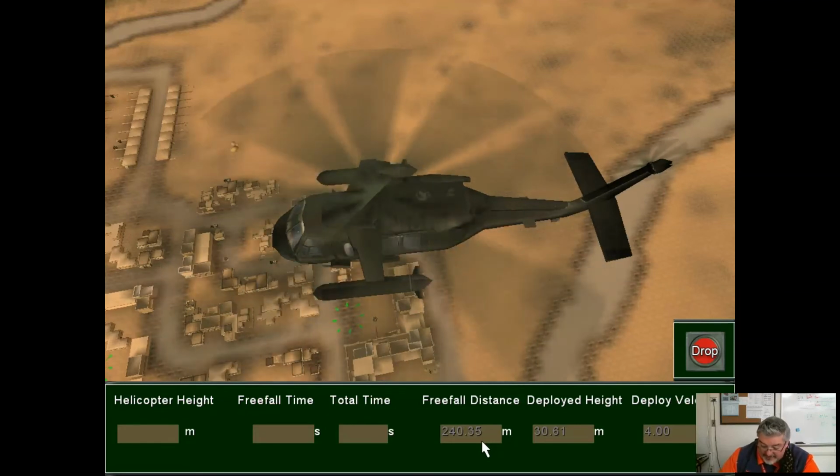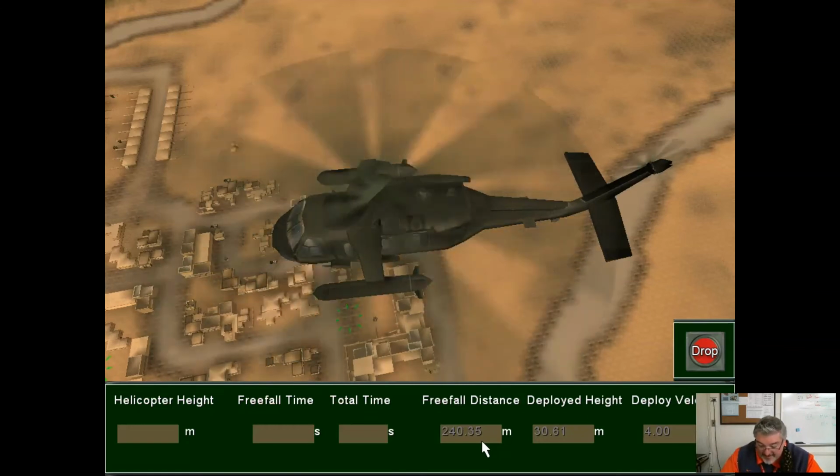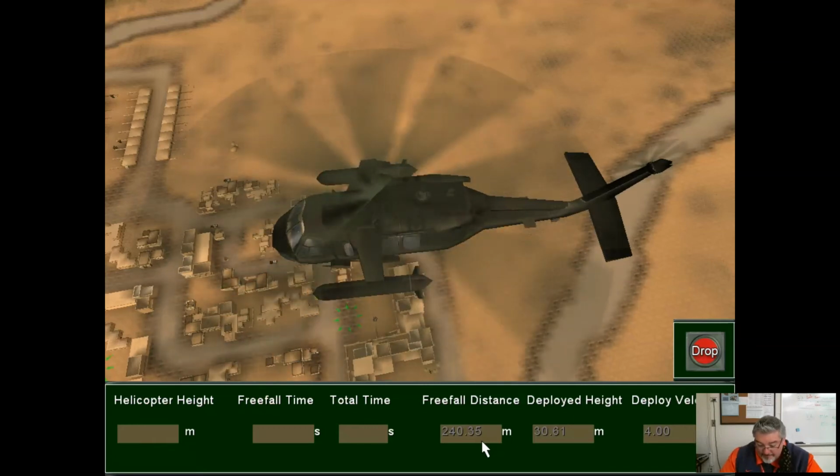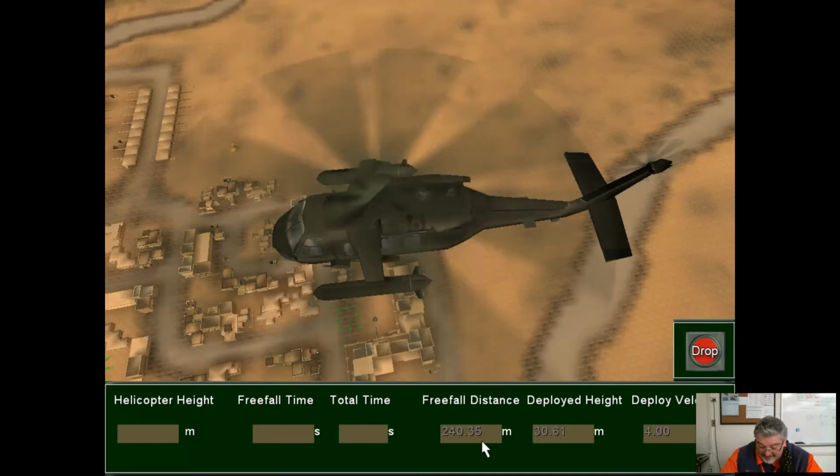And then we're solving for T squared. So I'm going to divide both sides. 240.35 divided by 9.81 and divide again by 0.5 or 1/2.